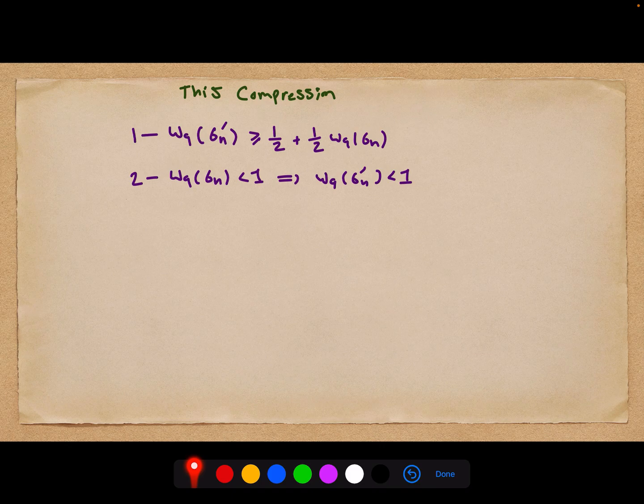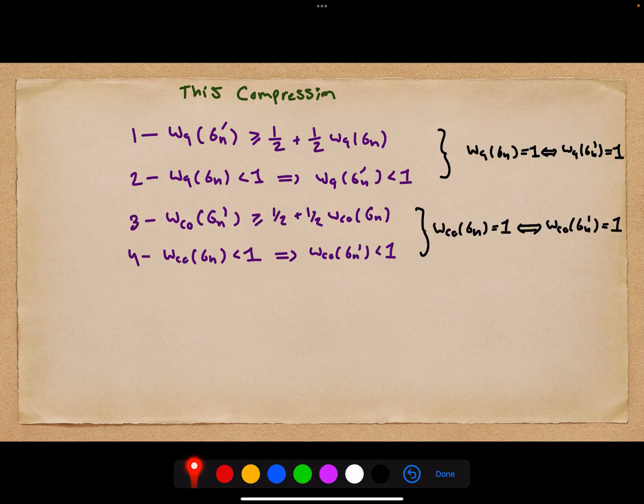It says that if we're given a family of games, it outputs a family of games such that we can lower bound each of the compressed games' quantum value as such, and also that if the original games in the family had a value less than 1, then the compressed games also will have a value less than 1. Putting these together, we of course see that the quantum value of these compressed games will have a value 1 if and only if the original games had a value 1.